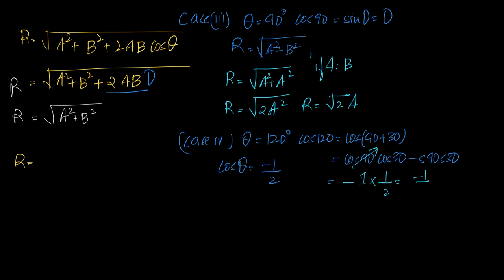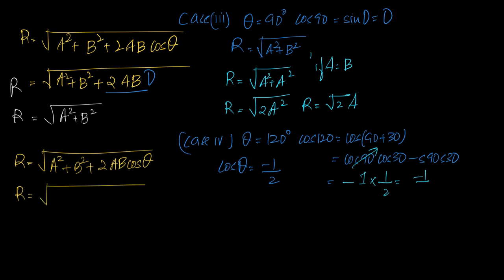Again, what is R equal to? R is equal to root of a square plus b square plus 2ab cos theta. And what is R equal to? Root of a square plus b square plus 2 into ab into cos theta. The value of cos theta is minus 1 by 2.